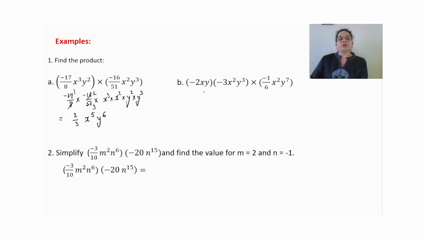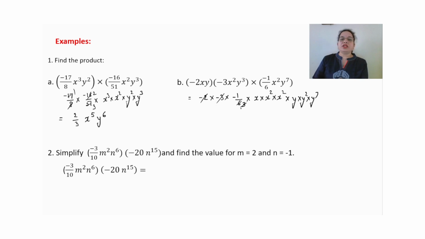Now here also we will write down all the numbers together: minus 2 multiplied by minus 3 multiplied by minus 1 by 6. Write down all the bases with powers: x, x square, again x square. Then write down with y: y into y square into y raised to the power 7. Here we can cut: 2 1s are 2, 2 3s are 6.